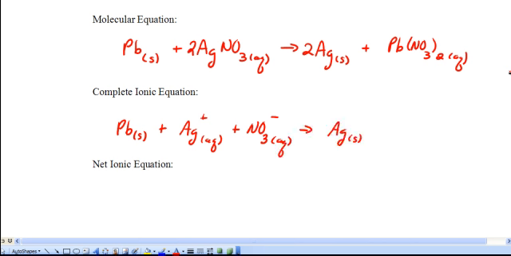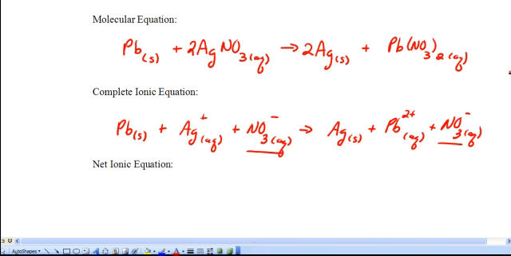The silver is a solid. The lead has become an ion, a 2+ cation, and the nitrate is still an anion floating around in the solution on its own. So the nitrate ion is the same before and after the reaction.